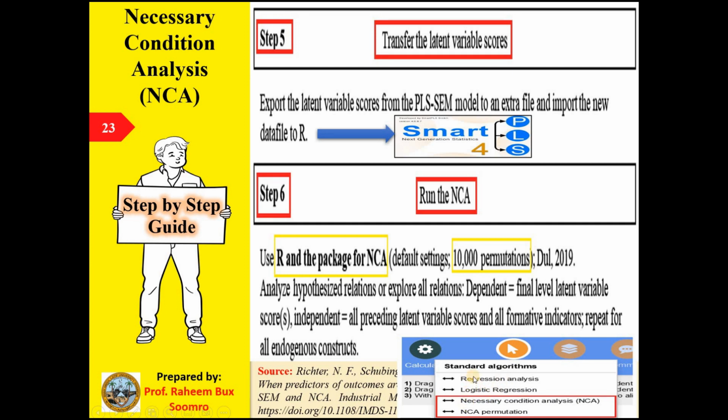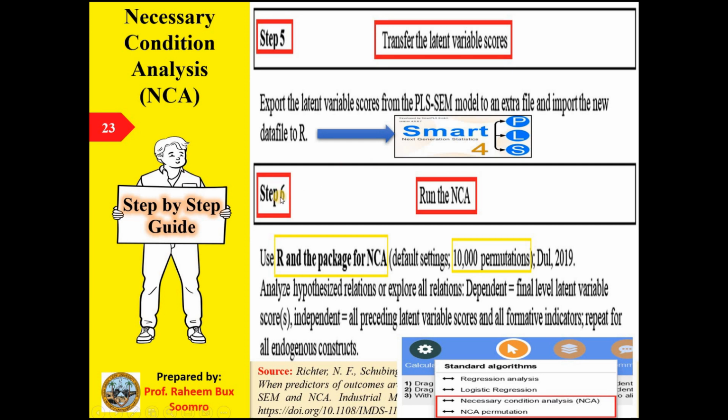Here four options are available: regression analysis, logistic regression, and NCA, about which we are talking right now, and the NCA permutation. Now just open this one and provide all the options, and then you can calculate the NCA by applying this option, and then NCA permutation. Here you can check the probability of the effect size, whether our effect size is significant or not. So this option is available in SmartPLS-4.